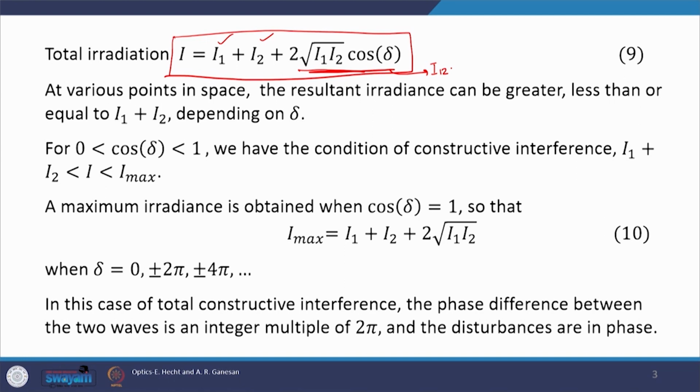To remind you, we started with 2 point sources, and from these 2 point sources spherical waves start, and then they overlap in a region of space. The point of observation P is very far from the 2 point sources S1 and S2.